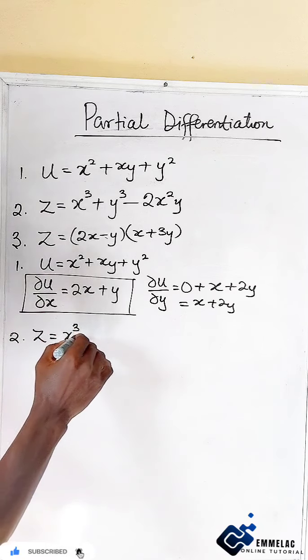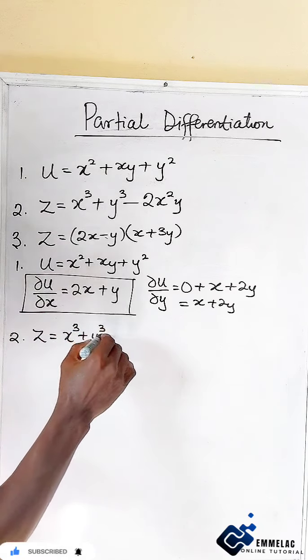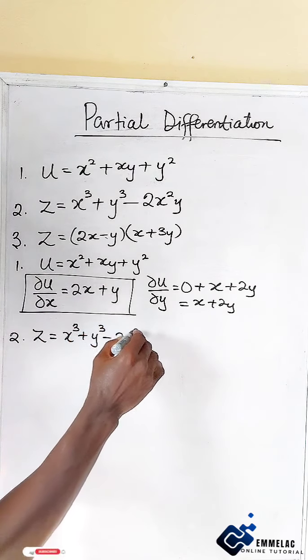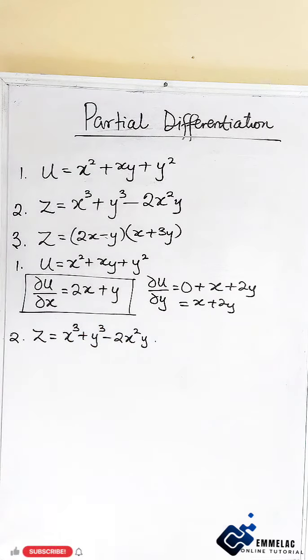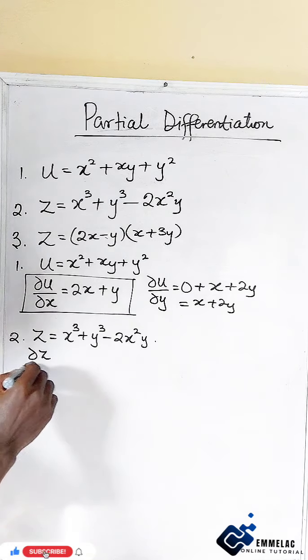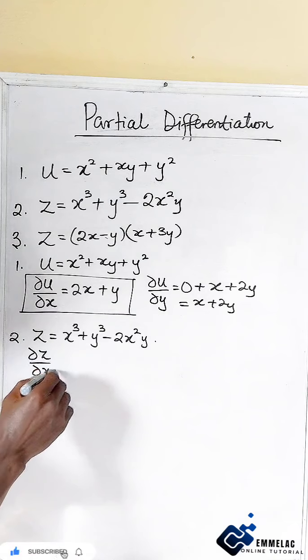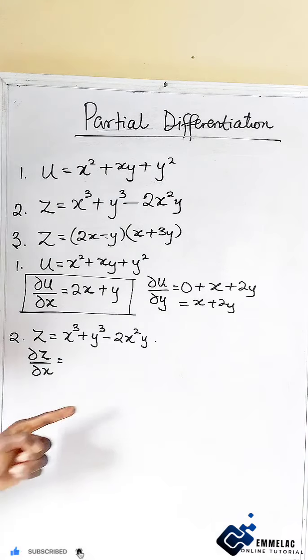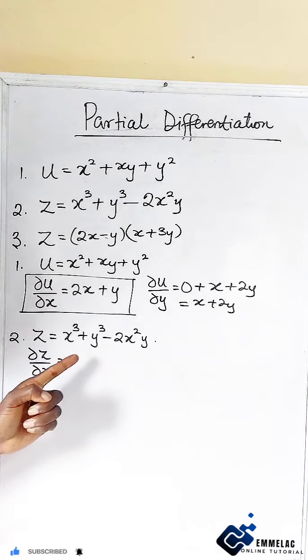power of 3 plus y raised to the power of 3 minus 2x raised to the power of 2, then y. Now the partial derivative of z with respect to x implies that we are differentiating all for x.